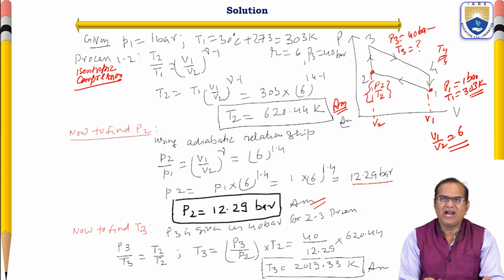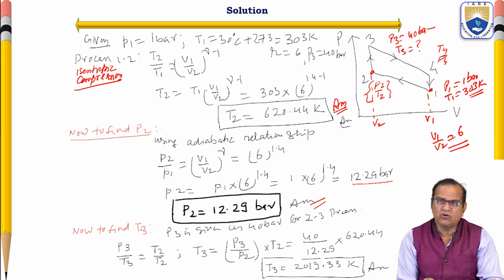So now to find the temperature T3, we know P3 is given as 40 bar. The process 2 to 3 is a constant volume or isochoric process. We can use the gas equation P1 V1 by T1 is equal to P2 V2 by T2.